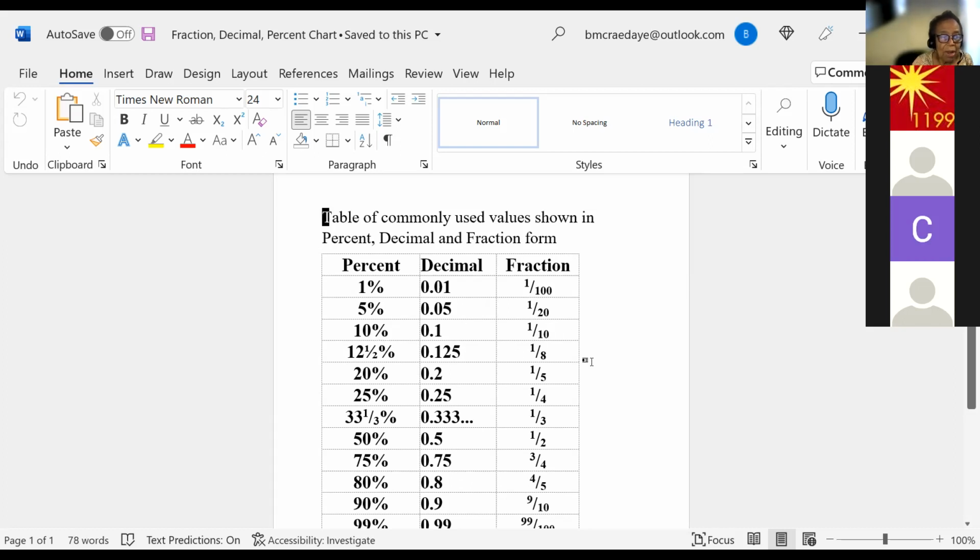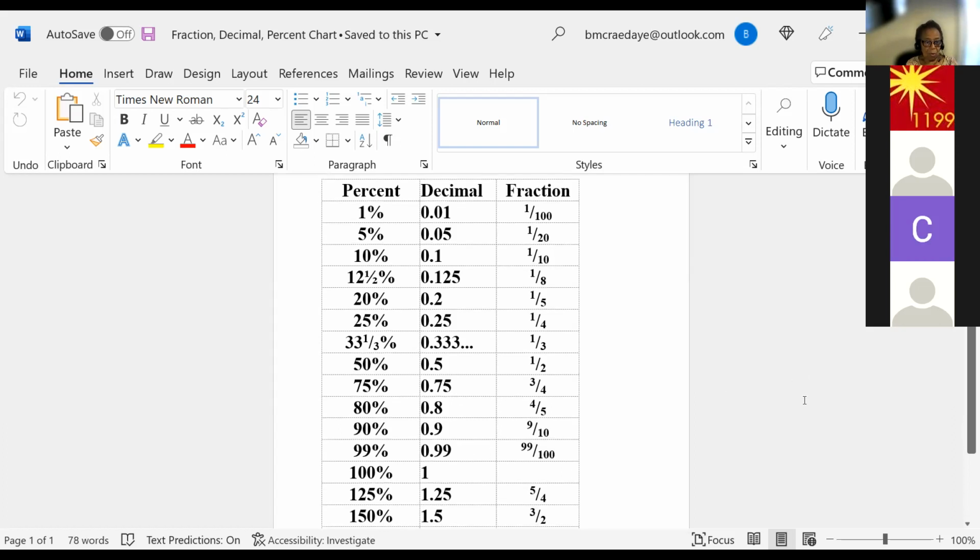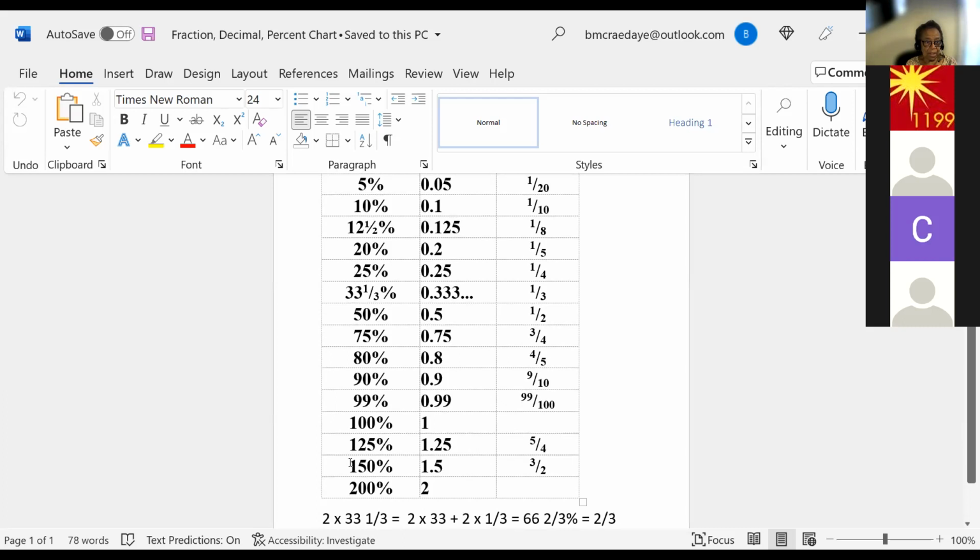You should know twice 25, that's 0.5. You should know 100%, which is a whole, 1. 1 over 1 is 100%, or any number over itself, 5 over 5 is 100%. Or if you had greater than 100%, you'd have 125 over 100, 1.25, which simplifies to 5 over 4.